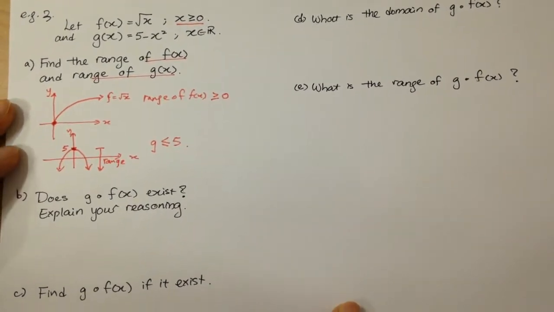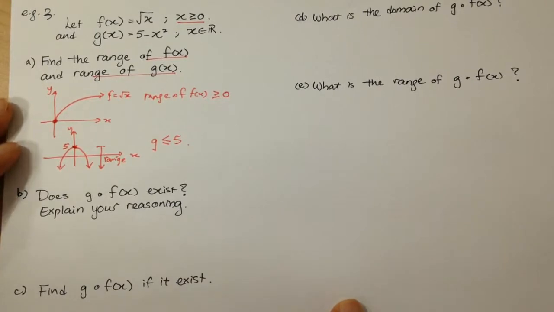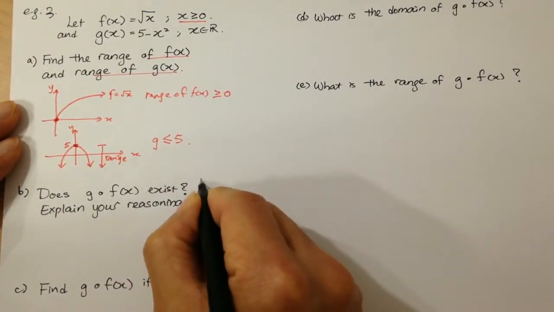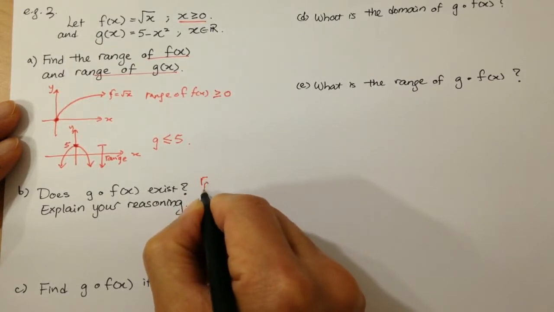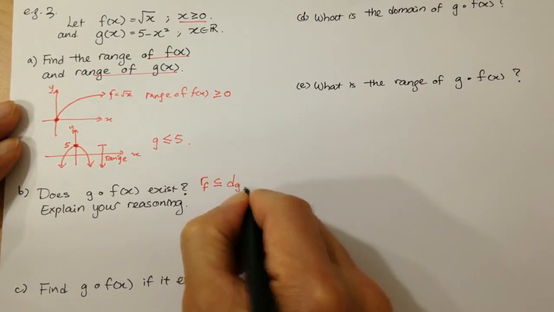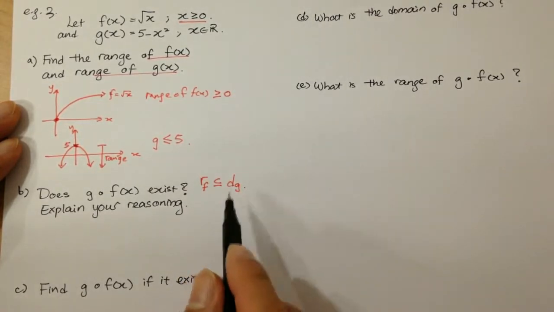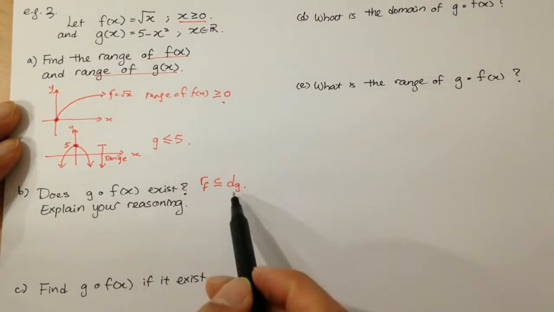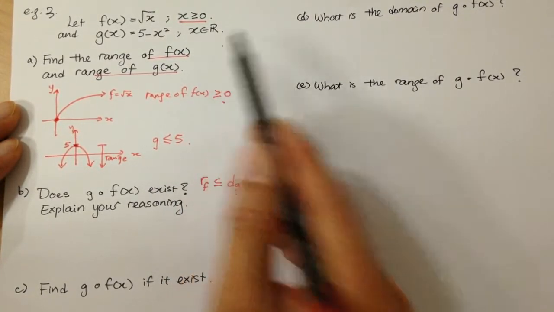All right. Next, does g of f exist? Well, for this to exist, what we want is that the range of f must be a subset of the domain of g. So now let's check. The range of f is greater or equal to 0, and the domain of g is x, a real number.